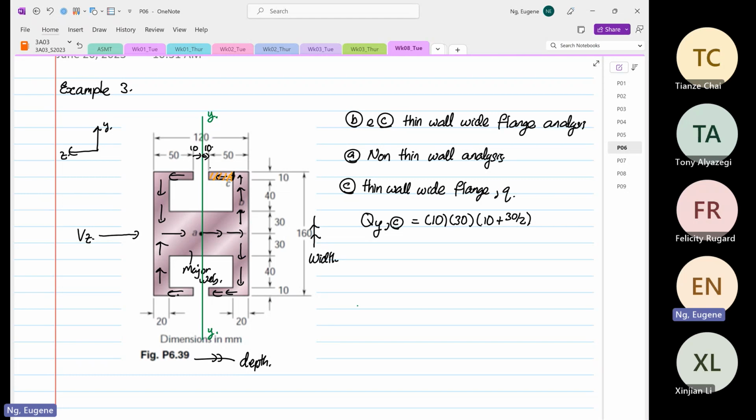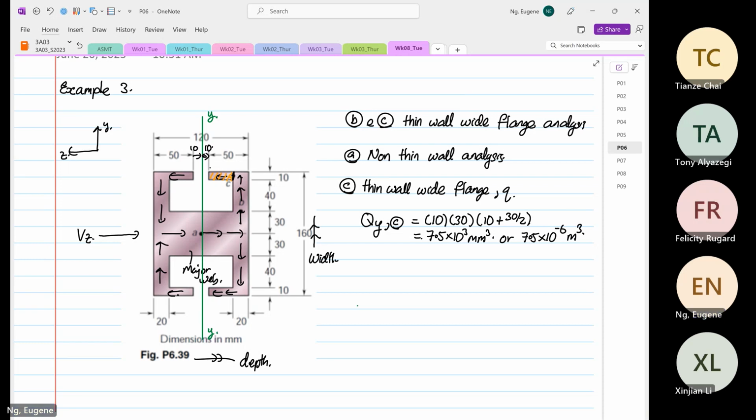So Qy is equal to (10 plus 30 divided by 2) times 30 times 10, which is 7.5 times 10 to the power 3 millimeter cube. So I'll do it again. The width is 10, the depth is 30, times (10 plus 30 divided by 2), which is 7.5 times 10 to the power minus 6 meter cube.